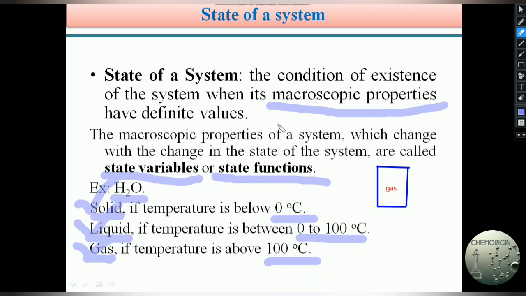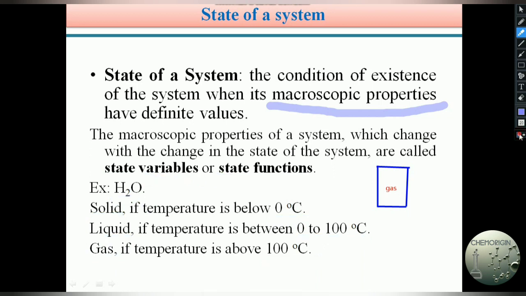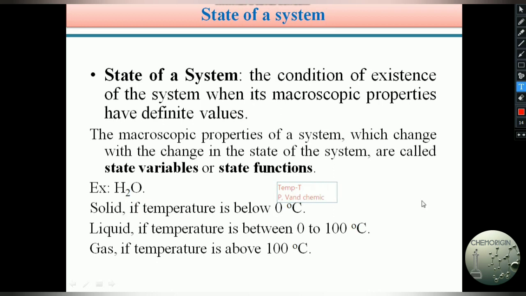Therefore, in order to define these state variables, we generally use some parameters. The commonly used parameters are temperature, generally denoted with capital T, pressure, volume, capital V, and chemical composition.